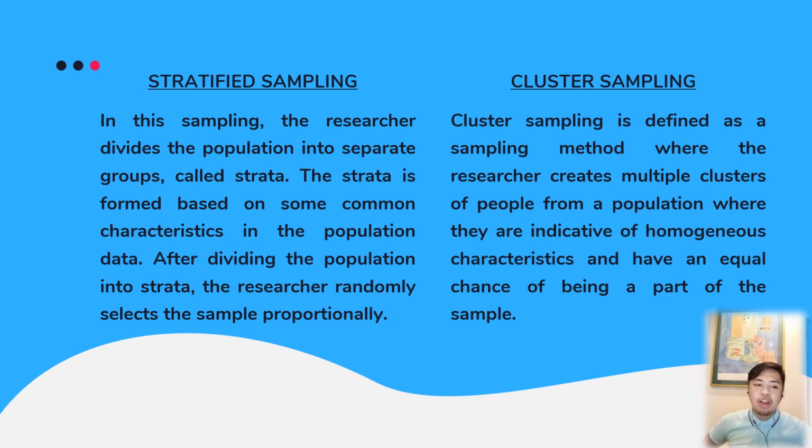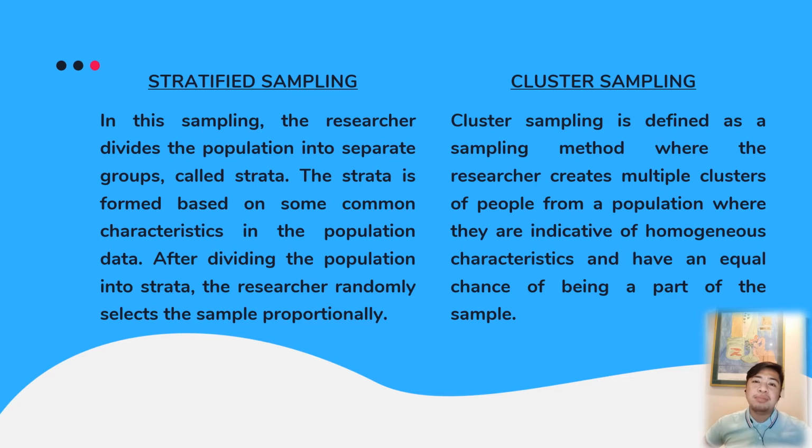Okay? Now, after you divide the population into various strata, that's the time you randomly select the sample proportionally. Pag sinabi natin proportionally, for example, you need five samples from each strata. So, ibig sabihin, pipili ka ng 5 members of the population from each strata.